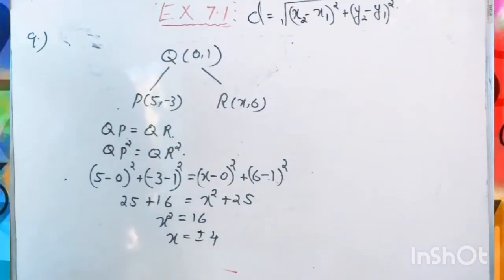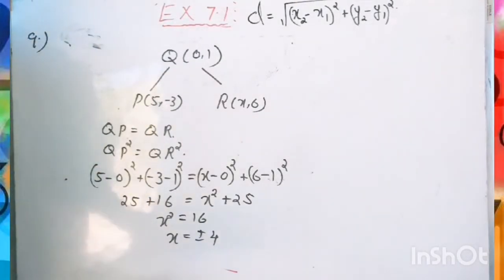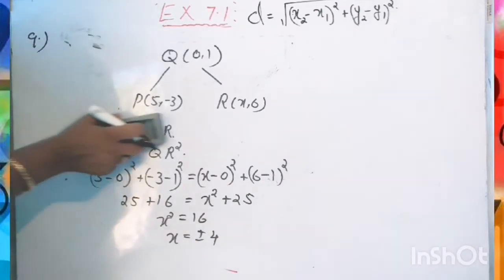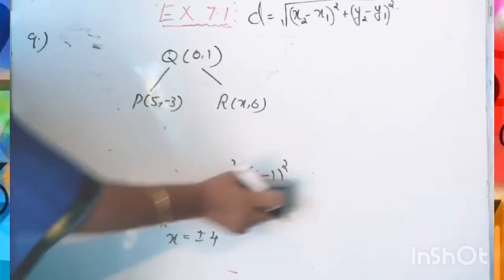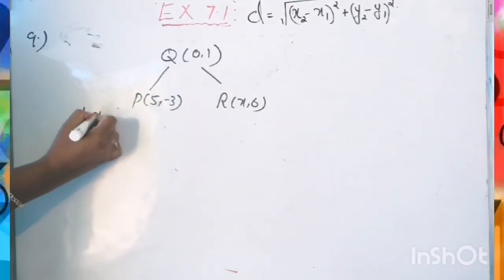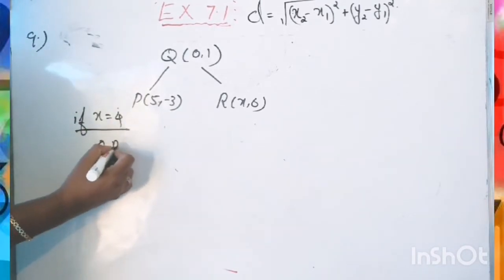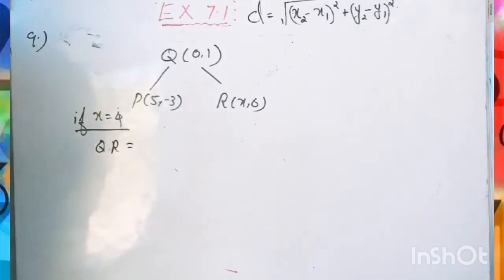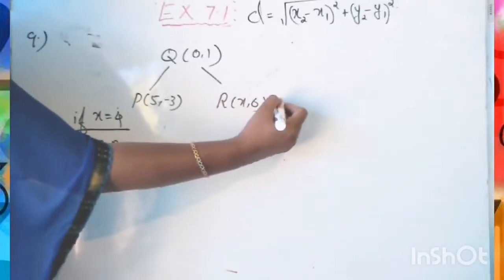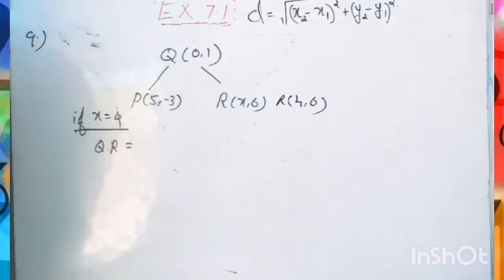We need to find out the distances QR and PR. For that, first I am going to consider x equal to plus 4. If x is equal to 4, then R of (x, 6) becomes R of (4, 6) because we took the value of x as 4.